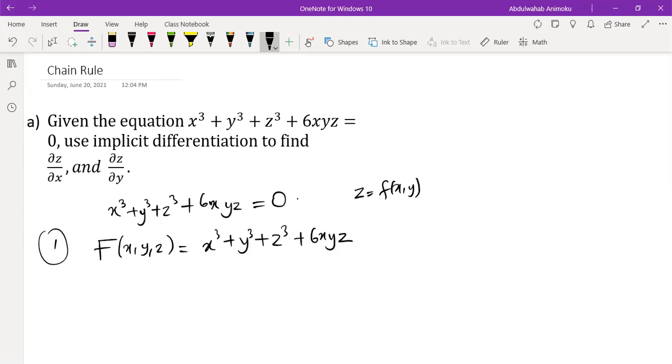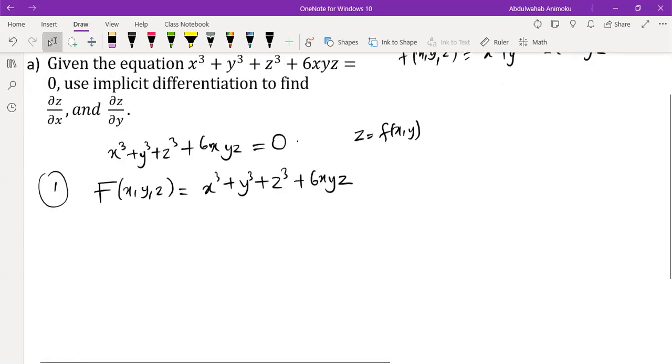So if I had, let's say, this was my function, then I would write this as, I'll take everything to one side. This is how I would have written it, just for you to take note. Everything is taken to one side and it will be equal to 0. So that is how I define my f of x, y, z.